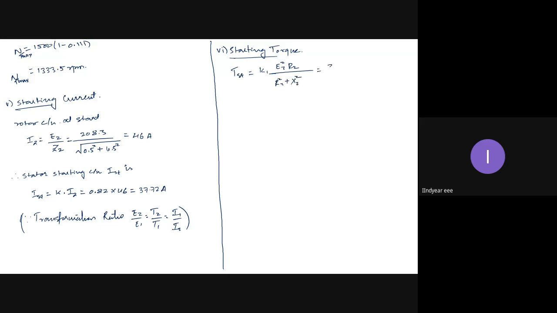So this is 3 divided by 2 pi into 25 into 208.3 square into 0.5 divided by 0.5 square plus 4.5 square. So R2 is 0.5.